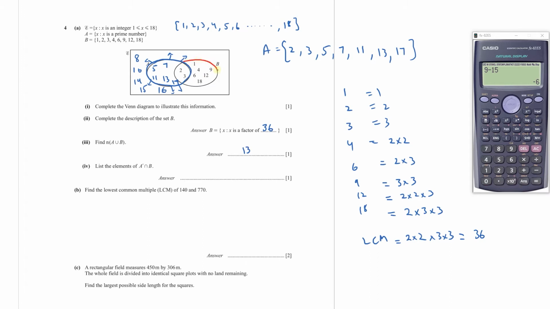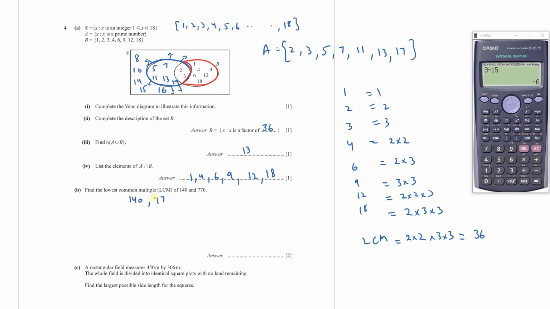This region here is present in A complement because it's outside this set, and this is also present in B. So the intersection is the overlapping region. So here you will have the elements in this red region, which is 1, 4, 6, 9, 12, and 18.